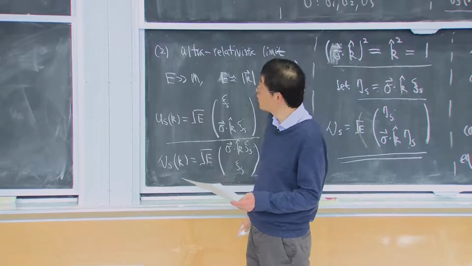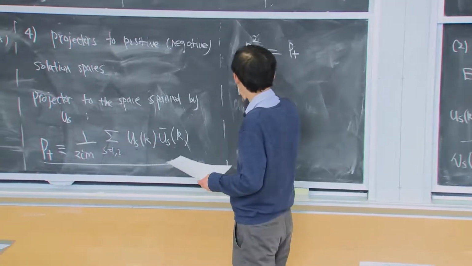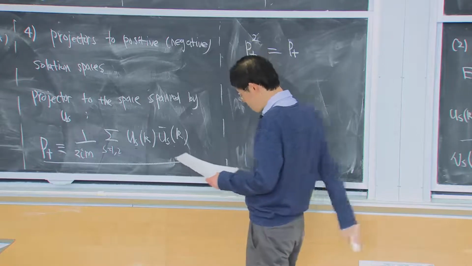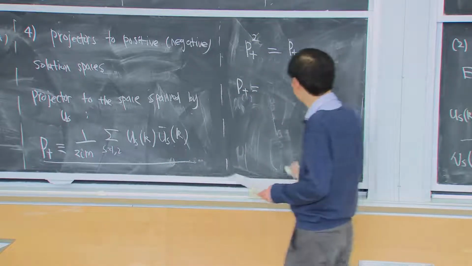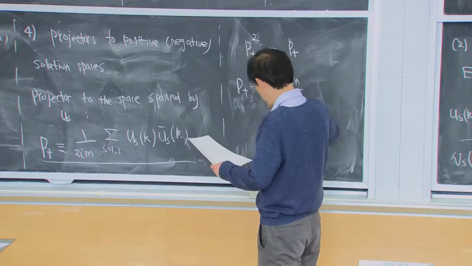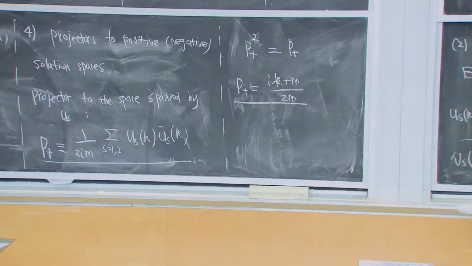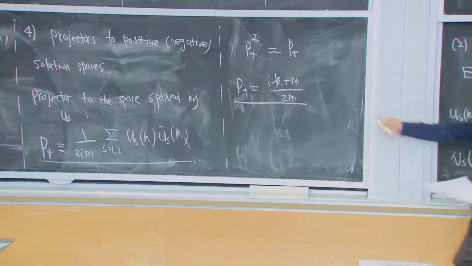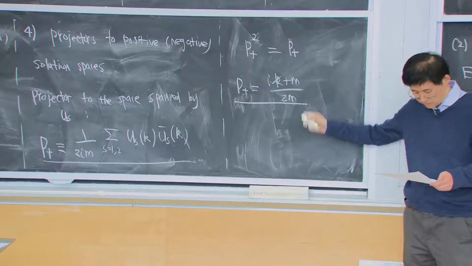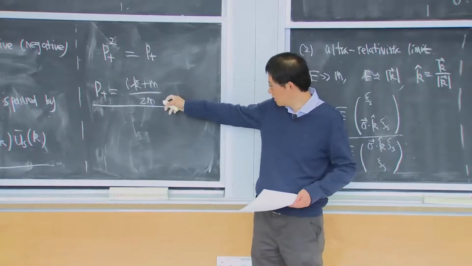And with a little bit more effort, you can further show that P plus can be written in the following form: (i k slash plus m) divided by 2m. Okay? So this requires a little bit more effort, so I will leave it as an exercise for yourself, okay? Or you can get it from the books, okay?